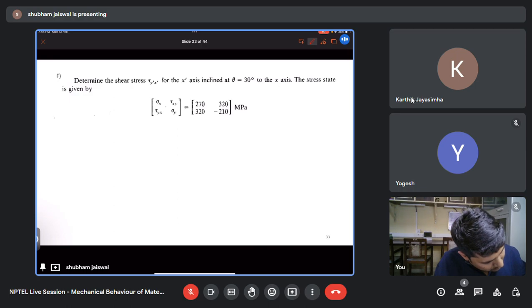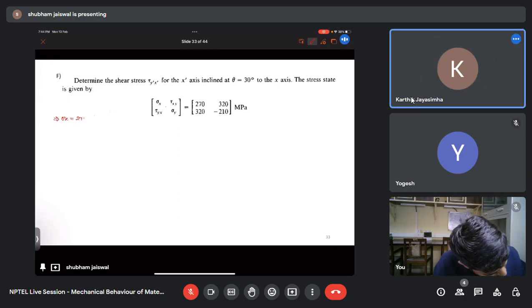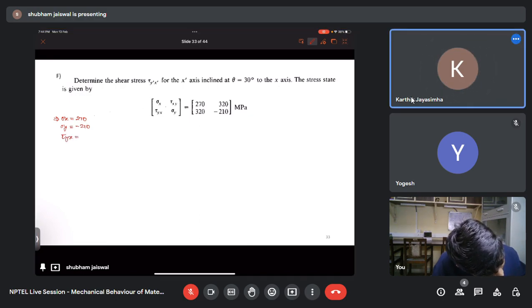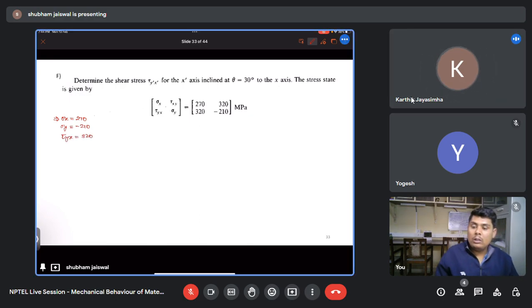What we have given: sigma x is equal to 270, sigma y is equal to minus 210, tau yx equal to 320. So calculate and tell me the answer.